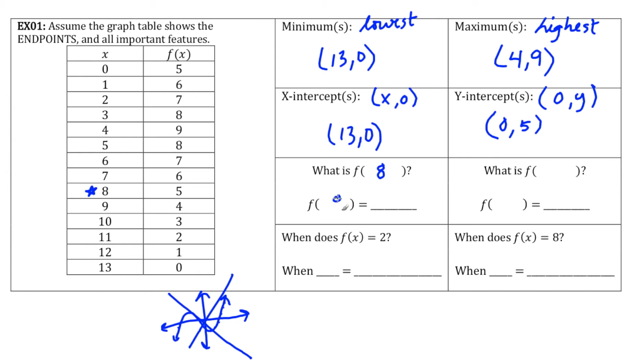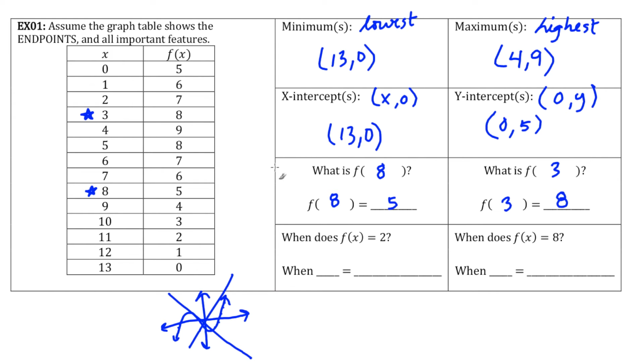F of 8 is positive 5. Now, what is f of 3? F of 3 is 8.